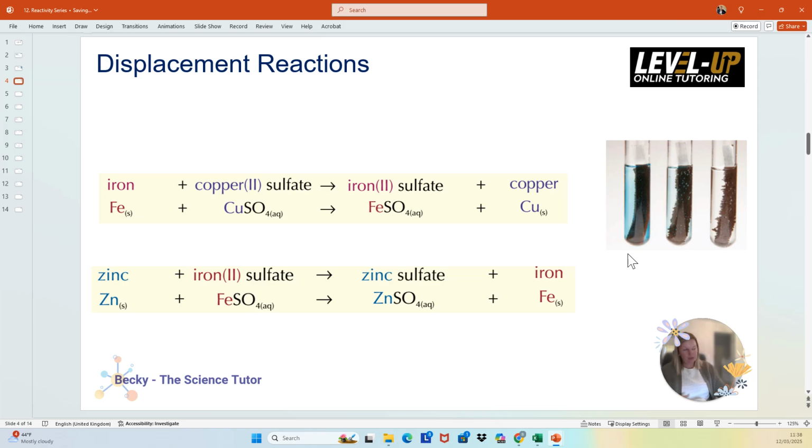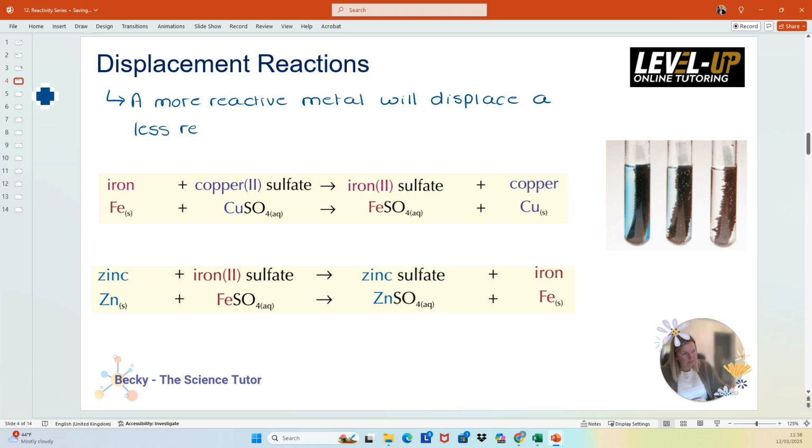But let's just make a note that in a displacement reaction, a more reactive metal will displace a less reactive metal from its compound.